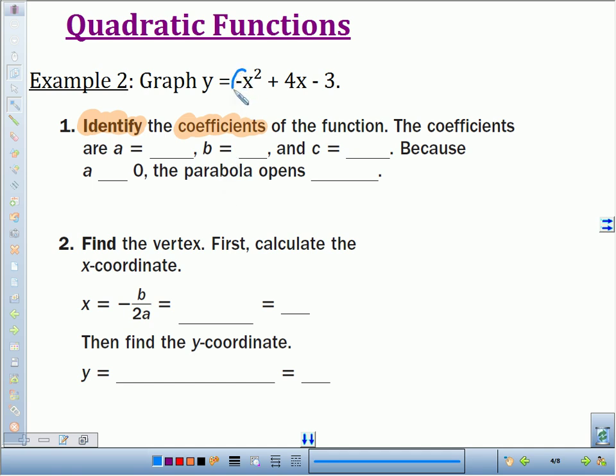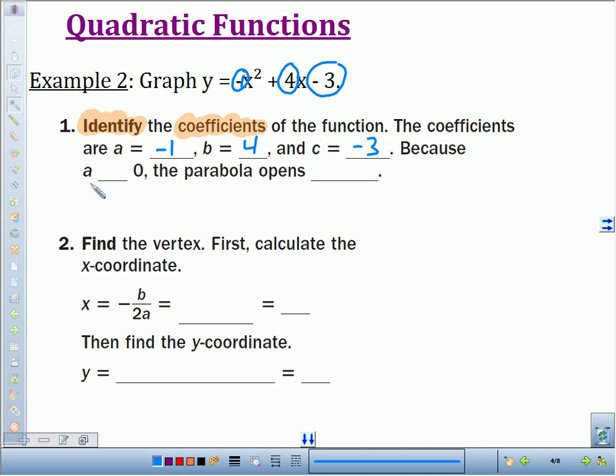So we have an understood 1 here, we have a 4 here, and we have a negative 3 here. A is the number in front of x squared, and it's negative 1. B, the number in front of x, is 4. C is the constant at the end, and in this case it's negative 3.